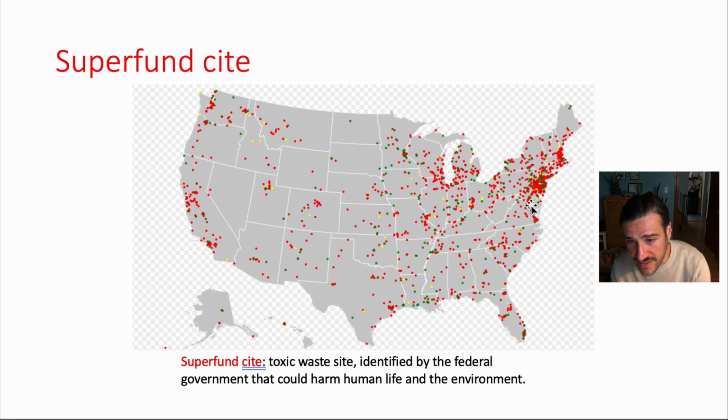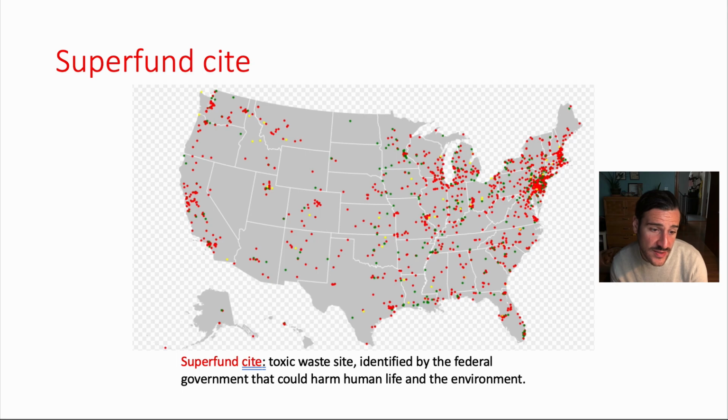But really, the East Coast is just, New Jersey, Connecticut, all these really crazy Superfund sites. And it highlights the economic past of these places.